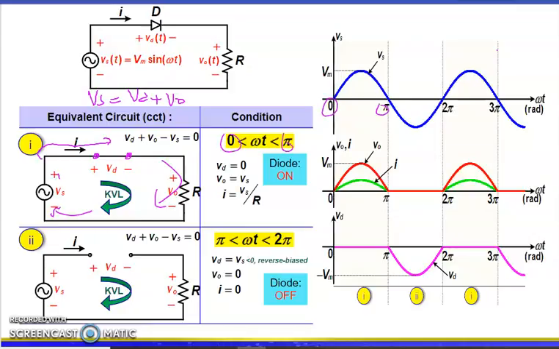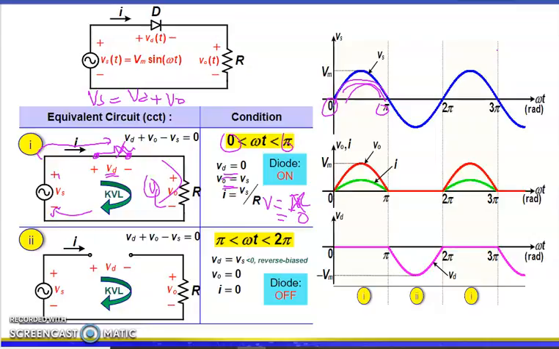Then V across D is 0, because V is equal to IR. When we have zero resistance at the diode, V equals I times 0, which is 0. So VD is 0.